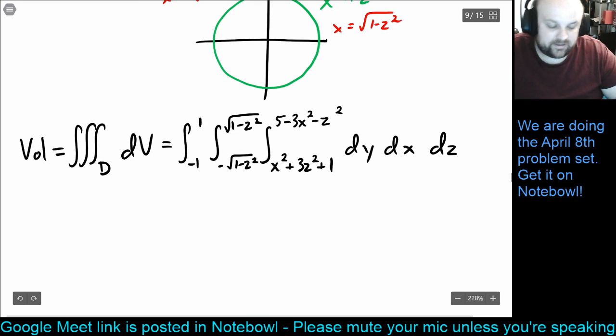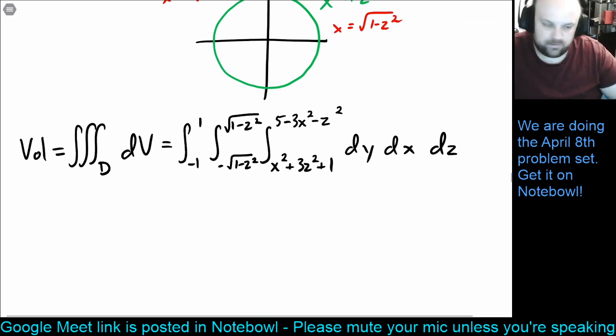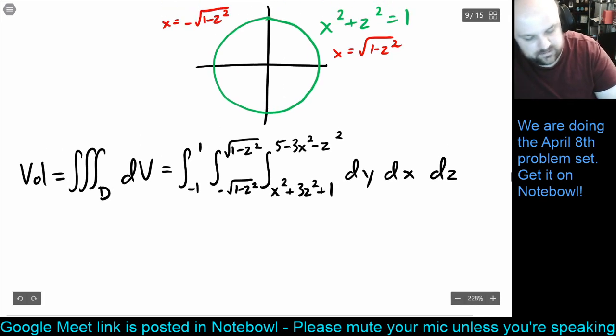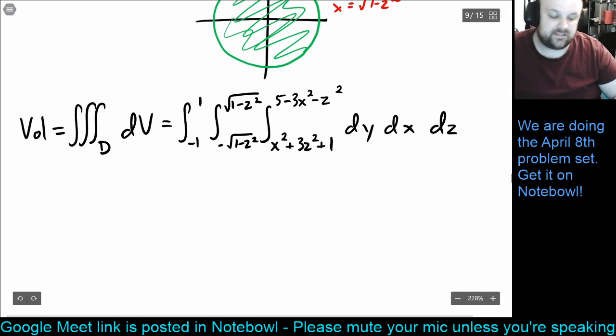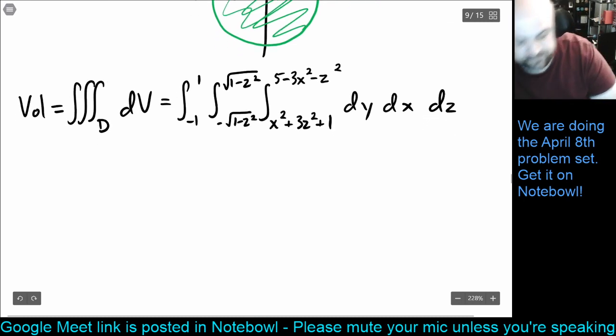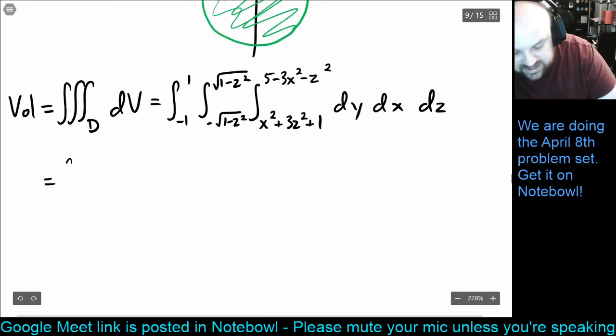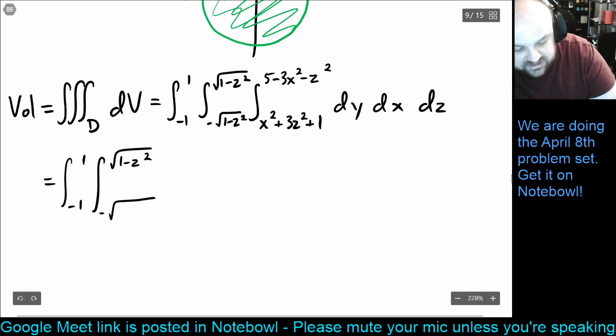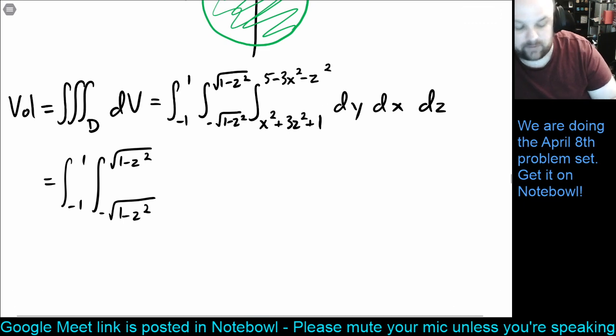I can integrate with respect to y, no problem at all, over this shaded disk. All that happens when I do that is I just do top minus bottom, because I integrate 1 and just get y.